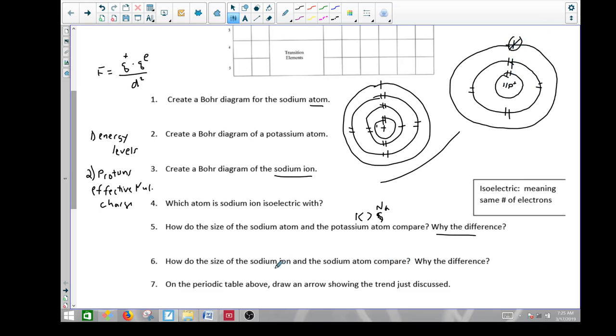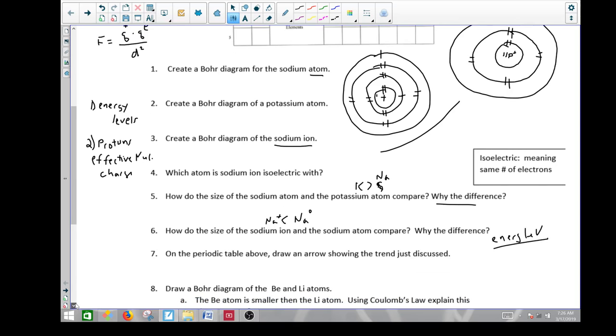So the sodium ion, Na plus, is smaller than the Na atom. And why? Energy levels. Now again, you wouldn't just want to say energy levels. You want to say the sodium ion has 2 energy levels because it lost its outer valence electron. Therefore, it's smaller.